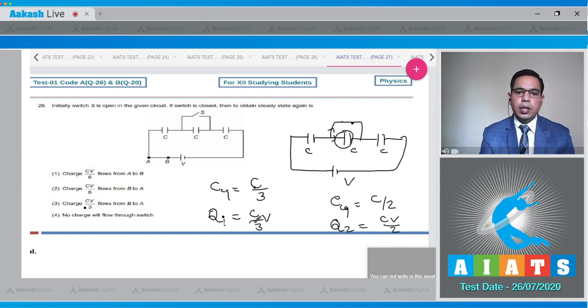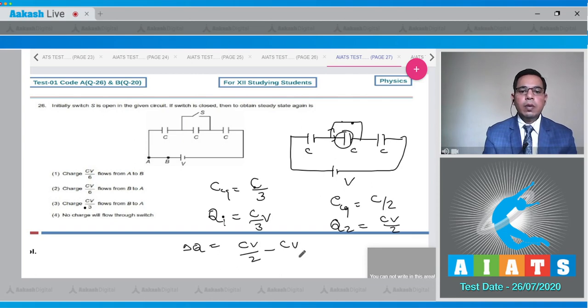That means initially the charge flowing was less, now it is more. Delta Q will be equal to CV by 2 minus CV by 3, which comes as CV by 6. And this charge is flowing from the battery, that means it is flowing from B to A.